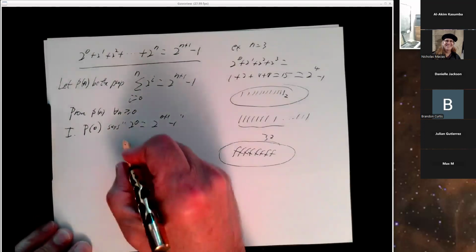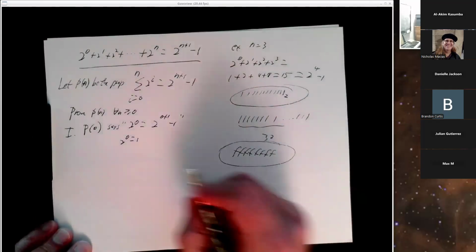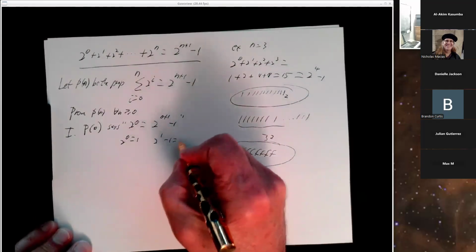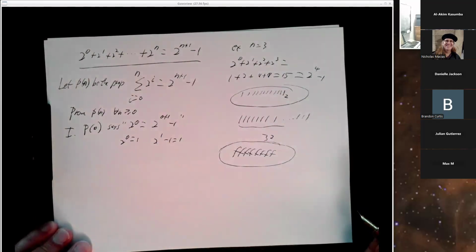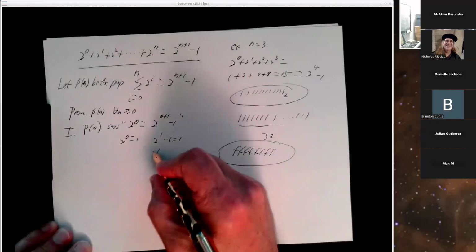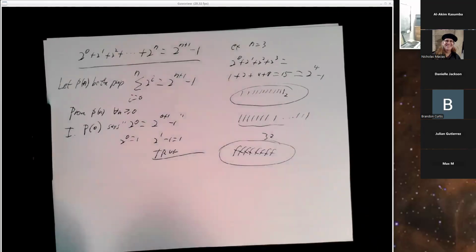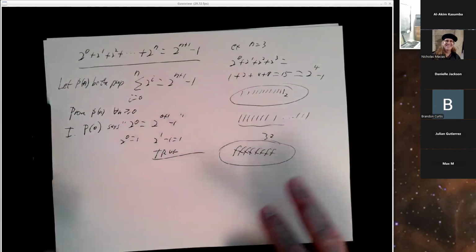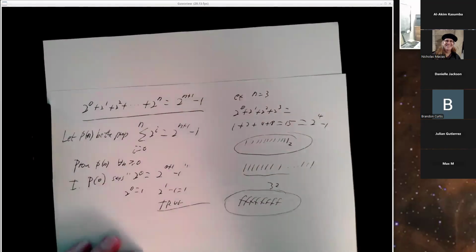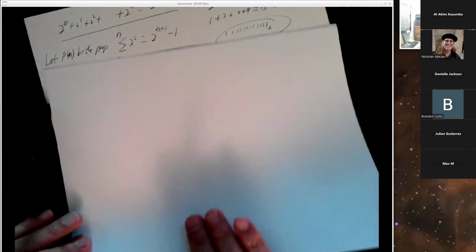Well, 2 to the 0 is just 1. 2 to the 1 minus 1 is 2 minus 1. That's 1. 1 is equal to 1. So this is true. So we've got our base case. So now we have to prove the inductive step.